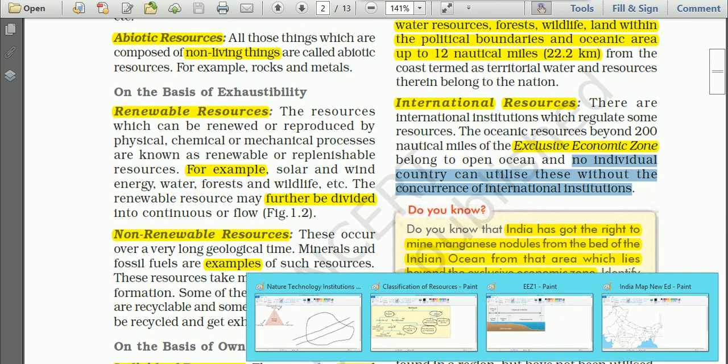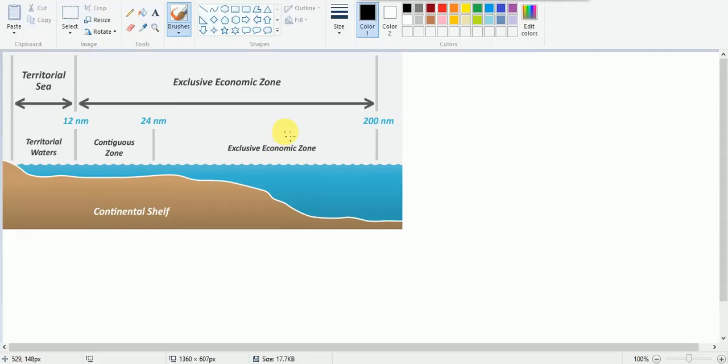Let us see one diagram here. So this is the baseline, the coastline, and from here up to 12 nautical miles is known as territorial waters. We own it.